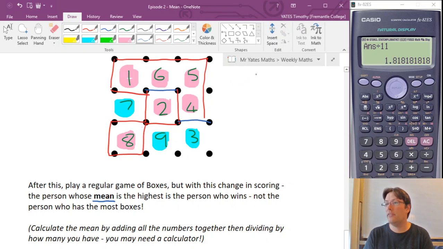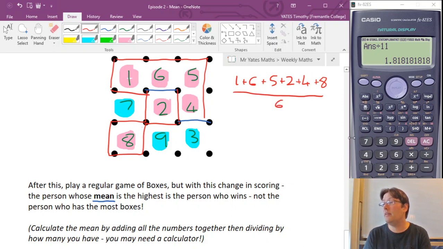I'll do that in red just so that they match. 1 plus 6 plus 5 plus 2 plus 4 plus 8. And then we divide the whole thing by how many numbers there are. There are 6 numbers in there. So I'm going to use my calculator. 1 plus 6 plus 5 plus 2 plus 4 plus 8. And then I'll divide it by 6. And we want our answer to be a decimal. Their result is 4.33.